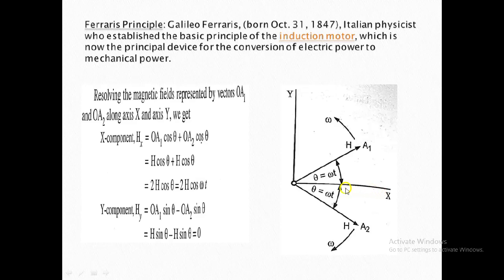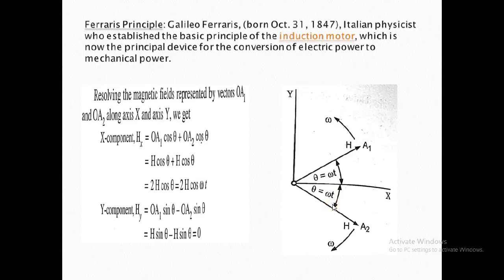Suppose at standstill, it means at theta equal to 0, both OA1 and OA2 lie on the axis OX, and after some time t seconds, OA1 is displaced by an angle theta equal to omega t in the anti-clockwise direction, and OA2 is displaced by an angle theta in the clockwise direction.